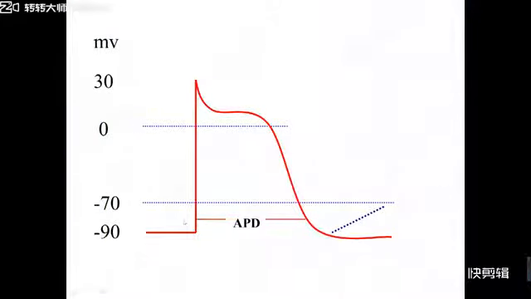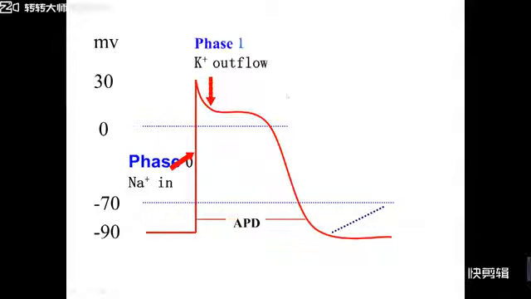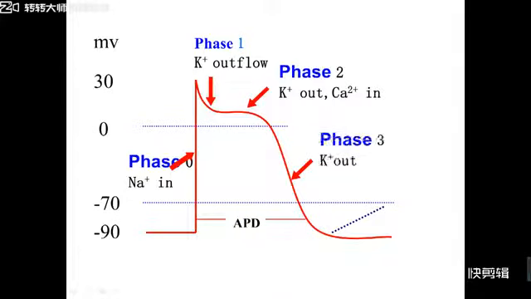Now we review the action potential of cardiomyocytes. It includes these phases. The first one, phase 0, sodium flows in, and then phase 1, phase 2, plateau, and phase 3, where the major channel is the potassium channel. The last phase is phase 4.